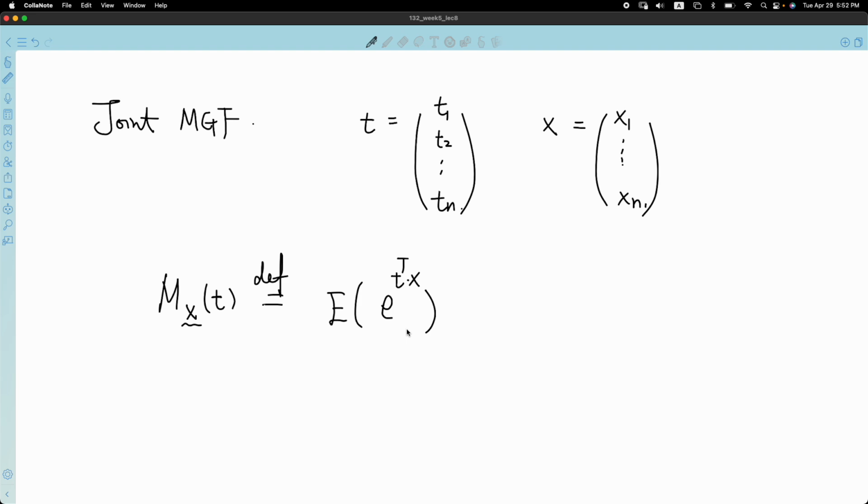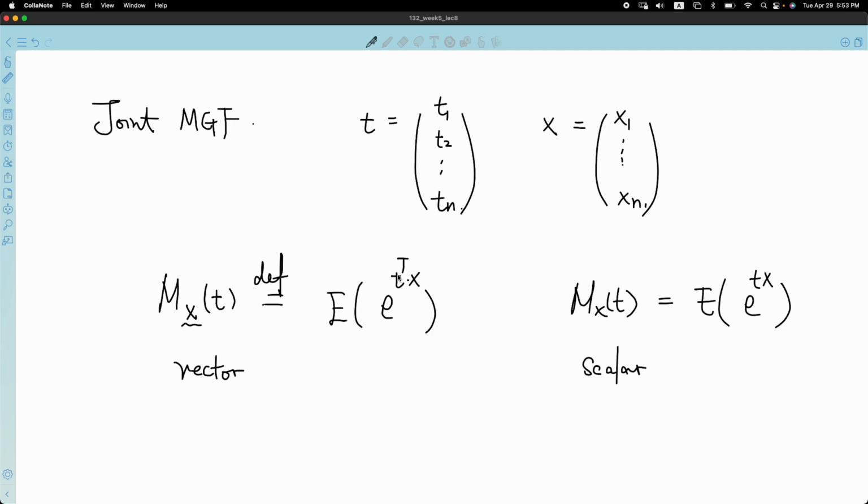Okay. This is the vector version, and you have the scalar version: expectation of e raised to the power of tx, where t and x are both scalars.